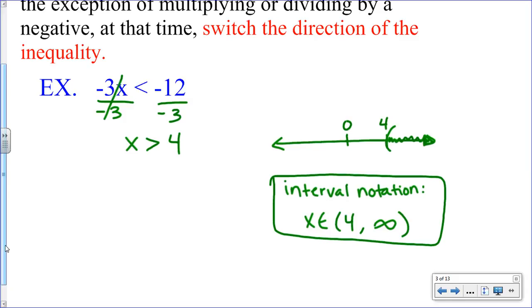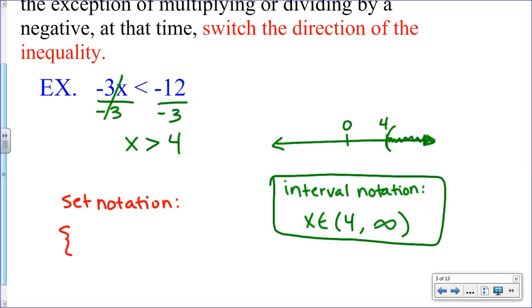Let's talk about set notation. Set notation isn't something we use all the time. We definitely use interval notation more. But set notation, we talked about this a little bit in our last chapter because we used the braces. And then we also use that vertical bar that means such that. You have to state what your variable is.